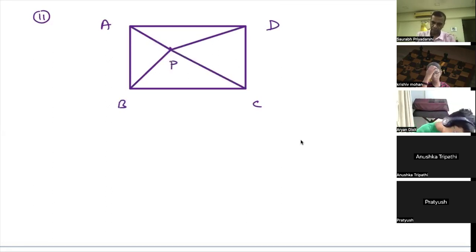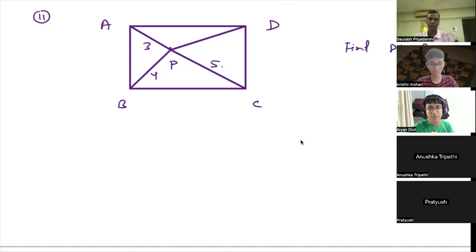PA is equal to 3, PB is equal to 4, and PC is equal to 5. Find PD. Sir, I thought PB is equal to PC is equal to 5. Take your time for 4 minutes. You have not more than 4 minutes.